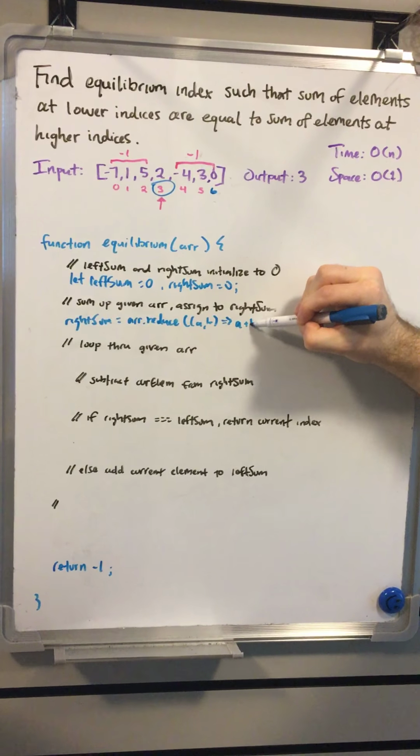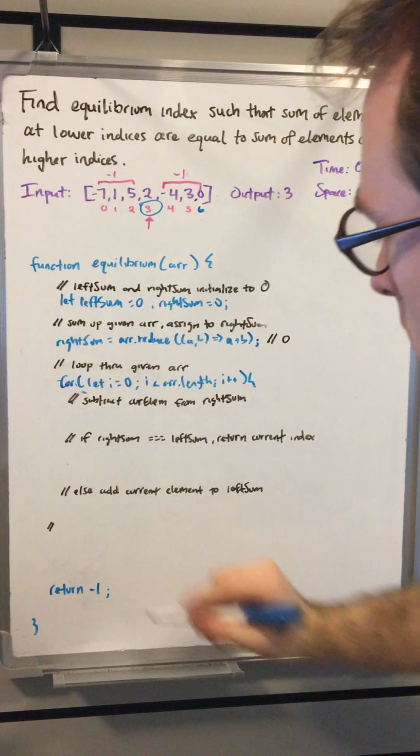Then the next step is we're going to loop through this array, and we're going to subtract each one of these elements from the right sum. So let's do a regular for loop. For let i equals 0, i less than array length, i plus plus.